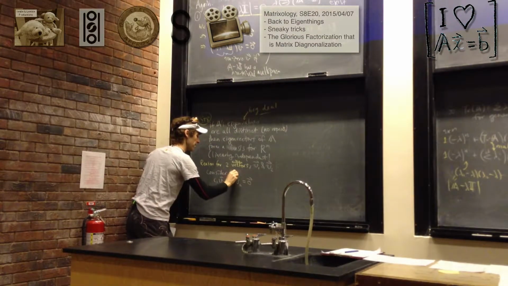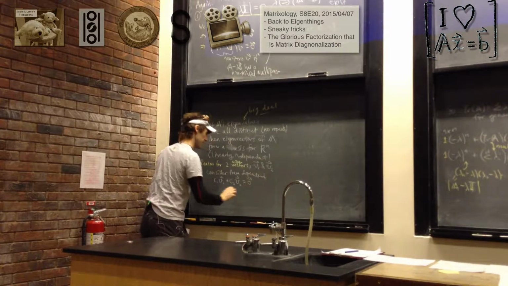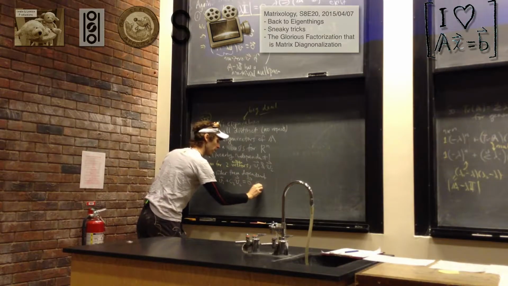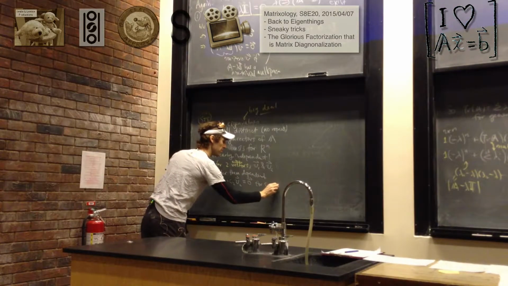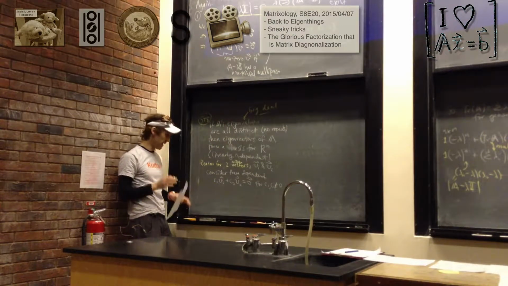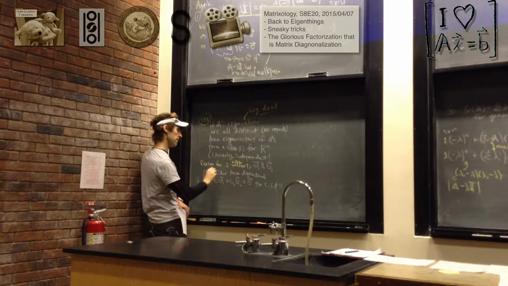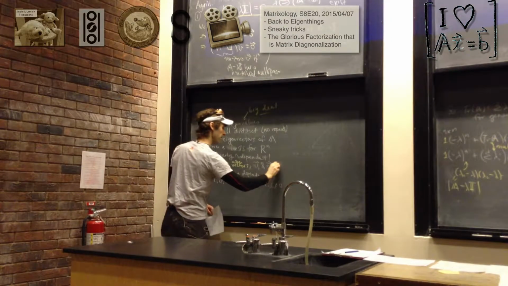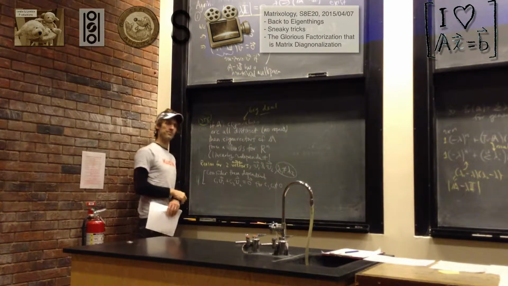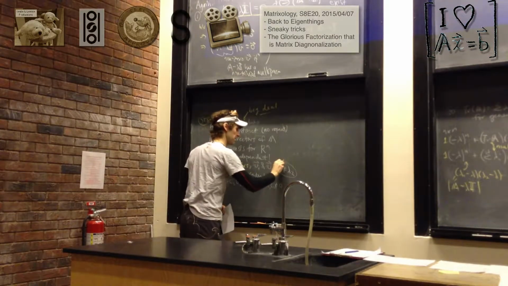Let's imagine that they're dependent. So there's some way of combining them for some c1 and c2 not equal to 0 to make them 0. That's the dependent idea. And we have lambda 1 not equal to lambda 2. This is the distinct part here.